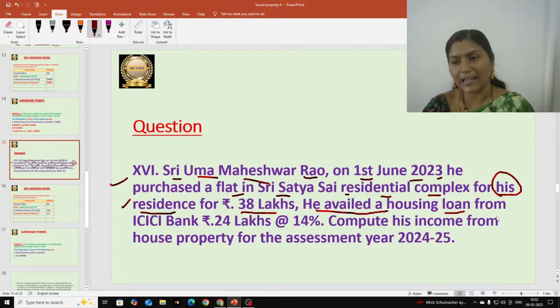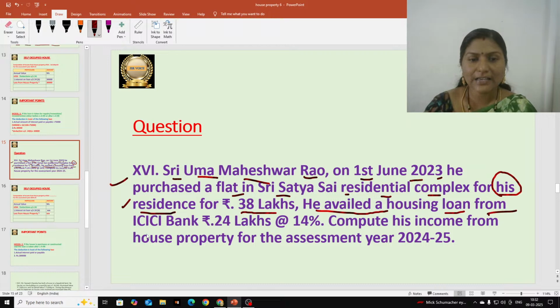He is taking a loan from ICICI Bank for 24 lakhs. For purchasing the house he is taking a loan, students. What is the loan amount? 24 lakhs, but the purchasing price of the flat is 38 lakhs. He is not taking a complete loan, he is taking a loan of only 24 lakhs. What is the percentage of interest? 14%.